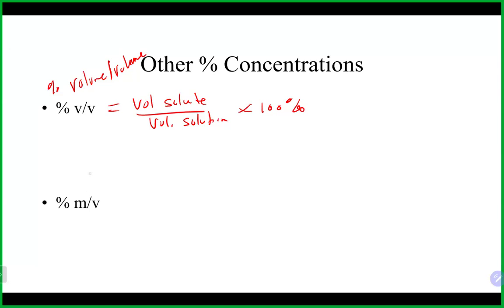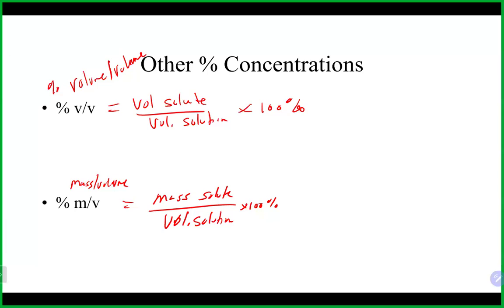The bottom one is percent mass to volume. That is the mass of the solute divided by the volume of the solution times 100%. Unlike the first one, with these two you probably don't have to worry too much about the bottom part.